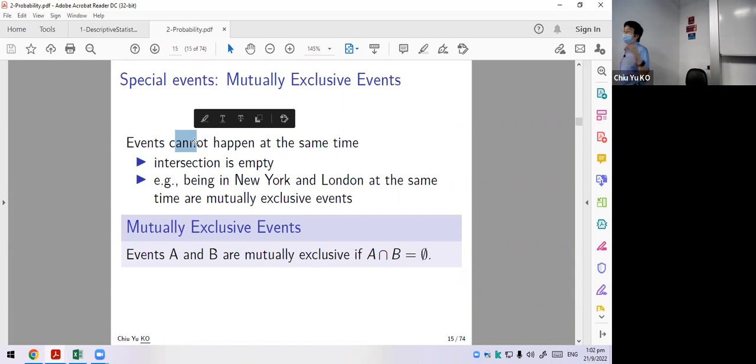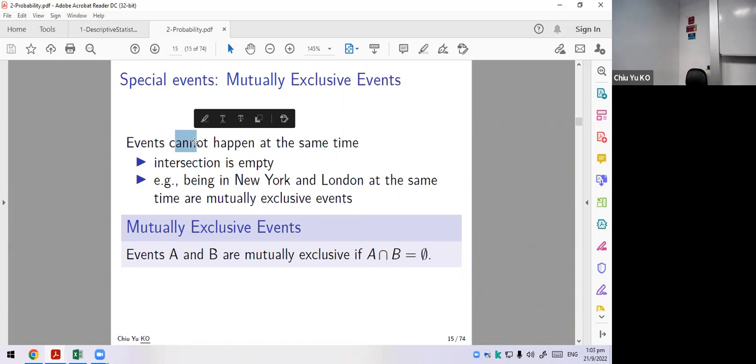If you are in Kowloon, you cannot be in New Territories, and if you are in New Territories, you cannot be in Kowloon, but you can be on Hong Kong Island. So both of them can be false. It just excludes the idea that both are true; it doesn't exclude that both are false. It simply means the intersection is empty, it's nothing.